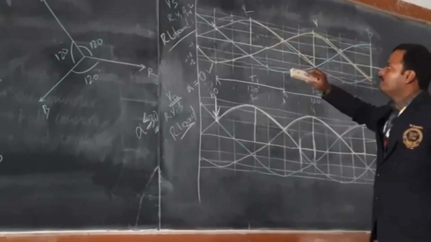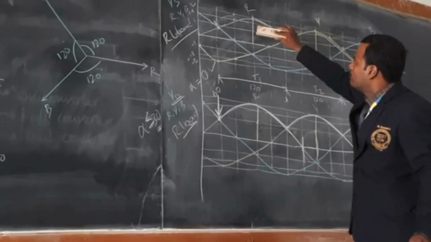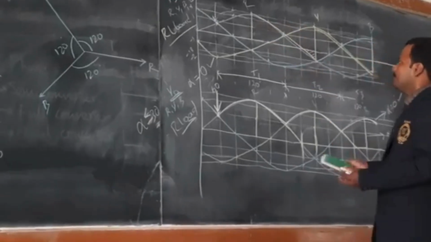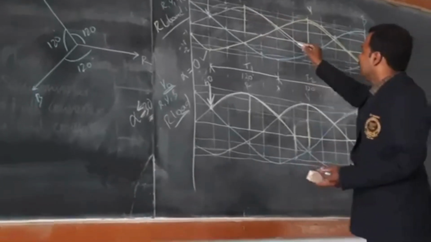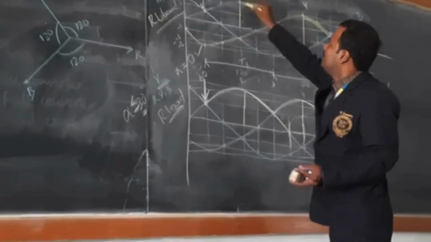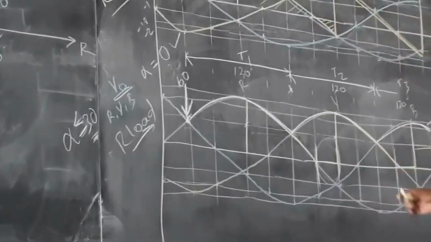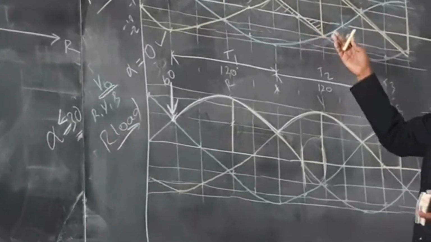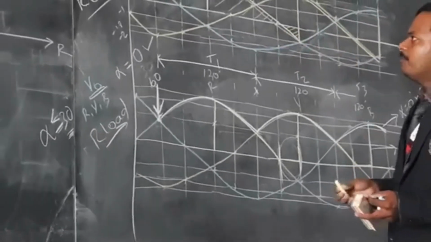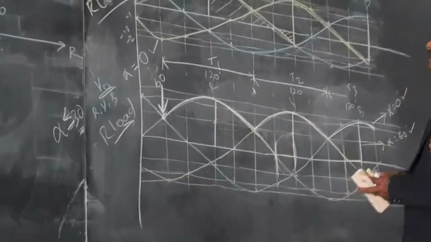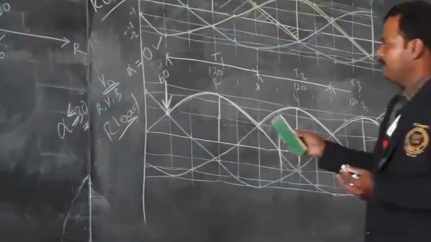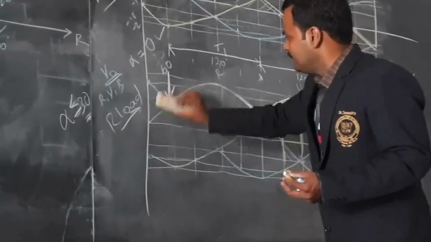What is a rectifying mode? We are getting more output voltage in the positive. Up to this point, we are getting an output voltage in the positive. Average value is positive. Okay. Considering the alpha up to 90 degree, we are drawing the same waveform here.